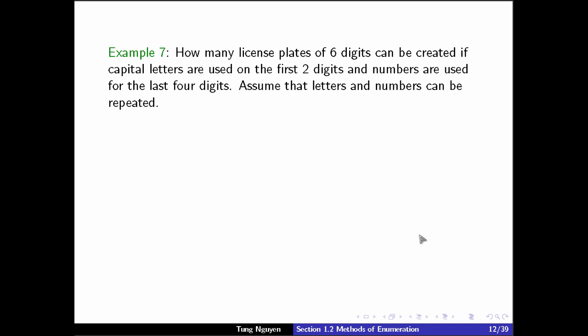So this is another typical example where the multiplication principle works nicely. Again, we have 6 tasks this time. For the first 2, for each of them we have 26 different choices, so that will be 26 times 26.